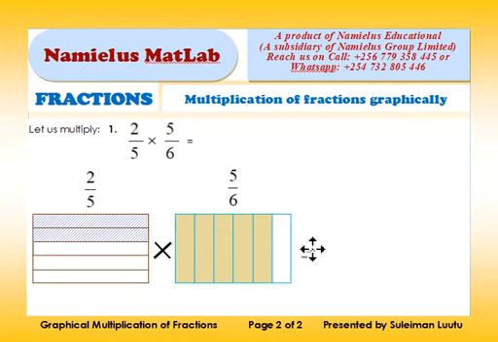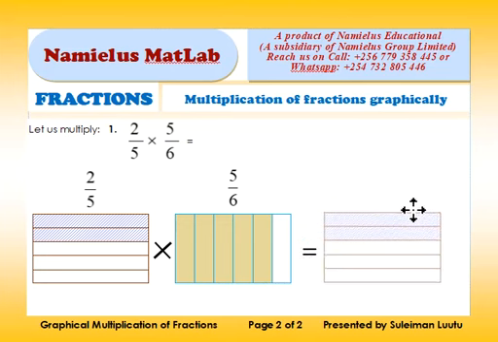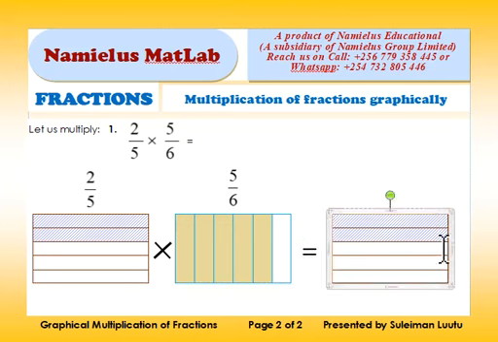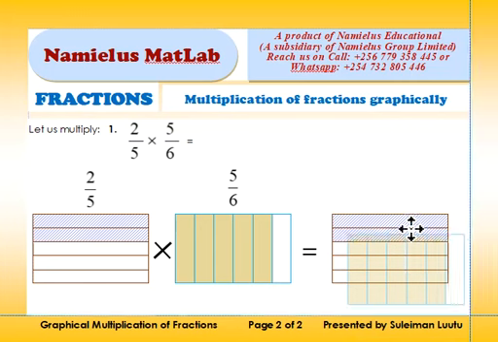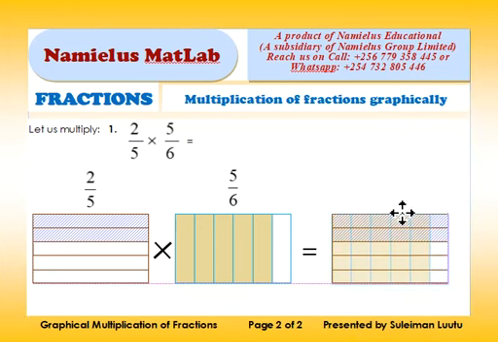Now what we are going to do here is pick this first fraction. Let's pick it, have it here, and then we get the second fraction, which is 5 of 6. We fit it exactly over. Now when we fit it exactly over, you are going to see those partitions.